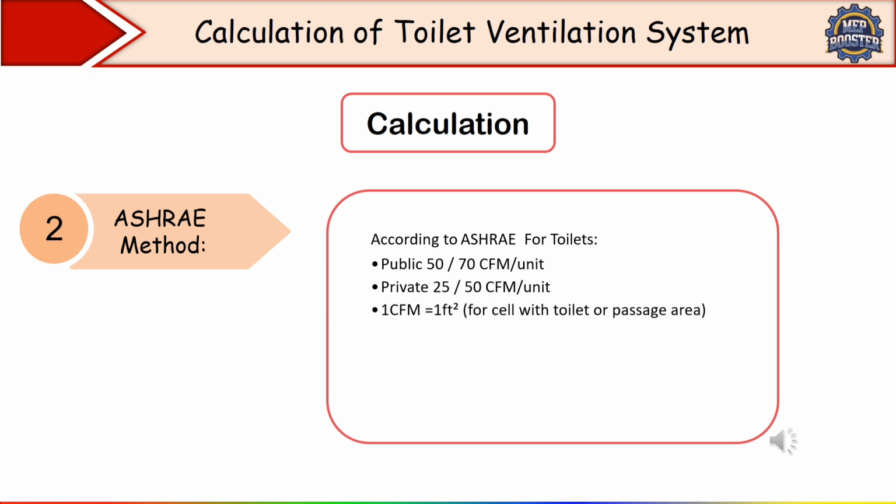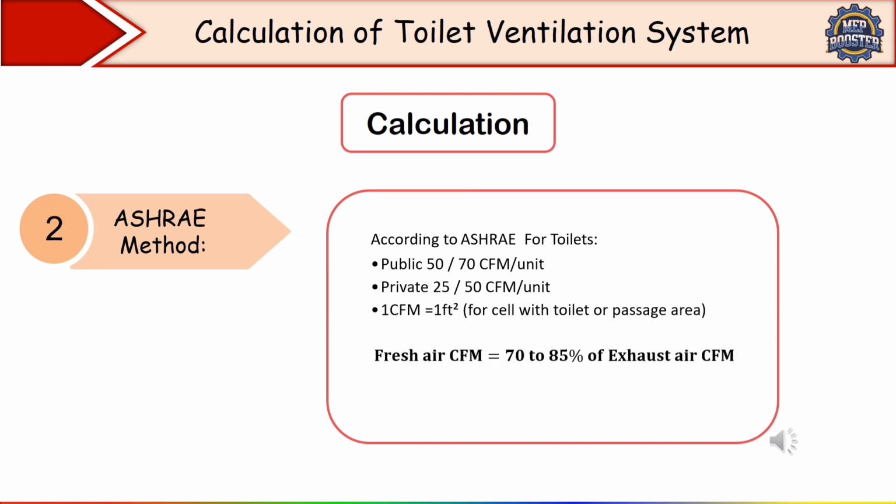You will get the passage area. So remember, for 1 square feet of passage area, how much cfm do we have to exhaust? 1 cfm. Suppose the passage area is coming 200 square feet, it means we have to exhaust 200 cfm from the passage area. Okay, in this way we have to do the calculation.